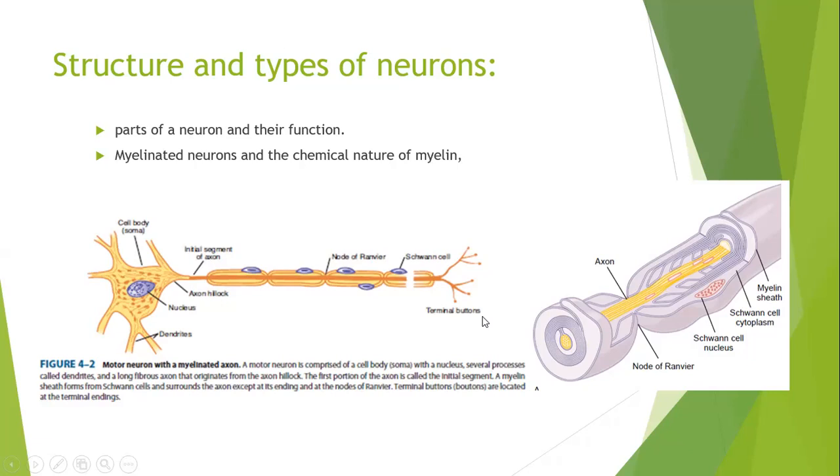Now, if you remember, when I was describing the formation of the myelin sheath, I told you that you will have a Schwann cell like this with the nucleus. Usually the nucleus and the cytoplasm are towards the terminal part of the Schwann cell. But the Schwann cell will have wrapped around the axon several times, you can see. And as it wraps around, it squeezes out the cytoplasm. And the cytoplasm ends up just being on the peripheral part.